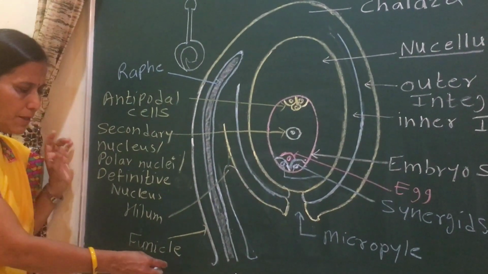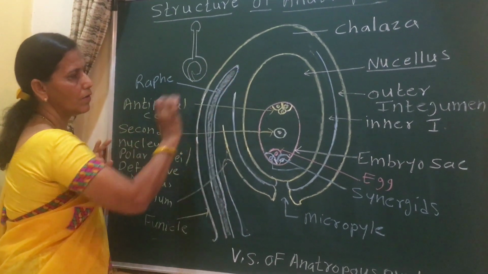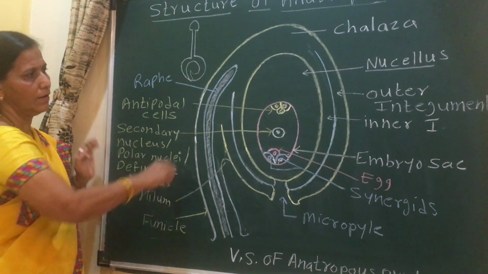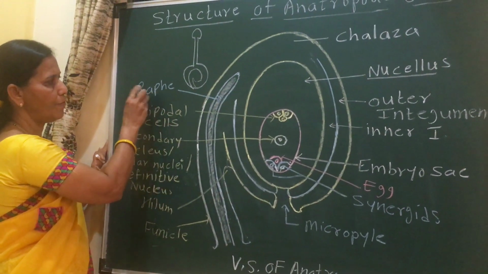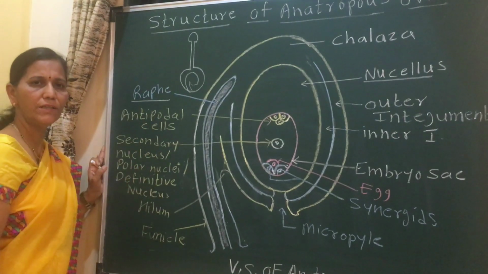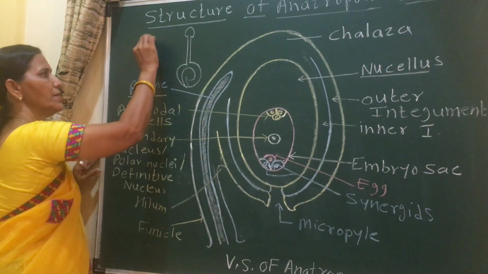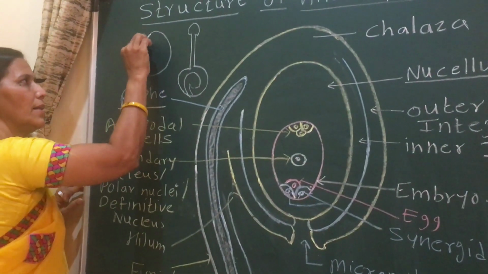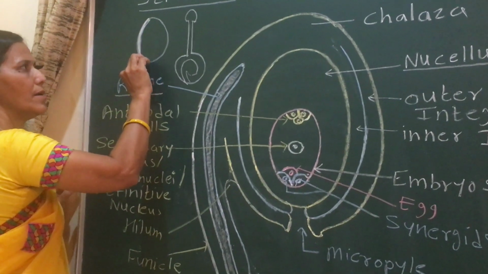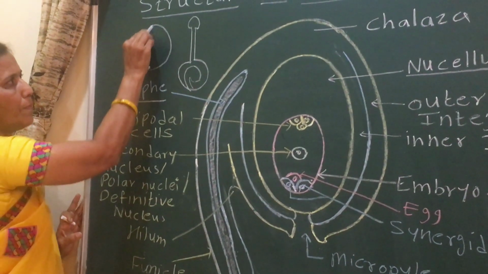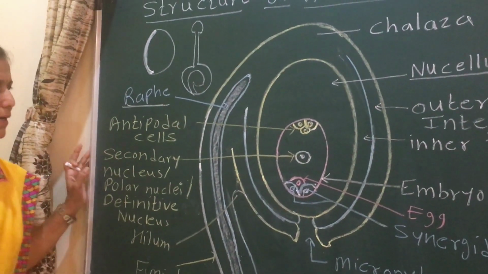Then some part of this funicle which extends into the body, that part is called as raphe, which is also present in the mature seed. Suppose this is a seed, a bean seed, soya seed, this part is called as raphe, which is also present in the mature seed.